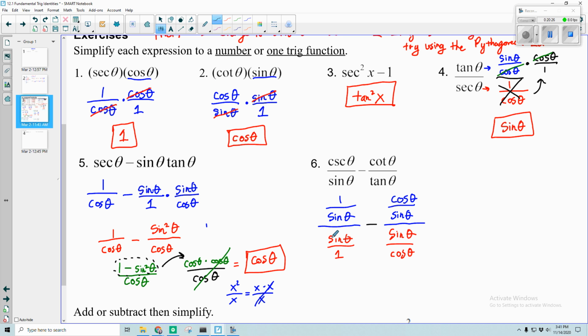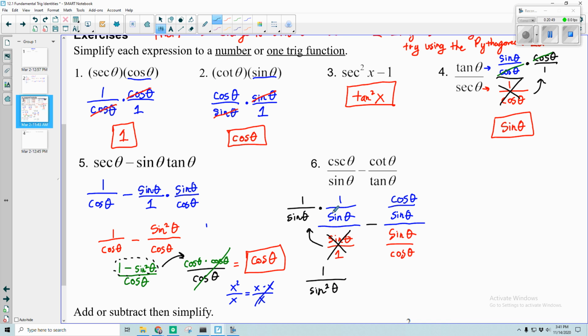So here in the denominator, I have sine of theta divided by 1. I'm going to take that, flip it upside down, so it's 1 over sine of theta, and I'm going to multiply that by the numerator. So it's no longer there. I flipped it and I'm multiplying. And when I do that, I get 1 divided by sine squared of theta.